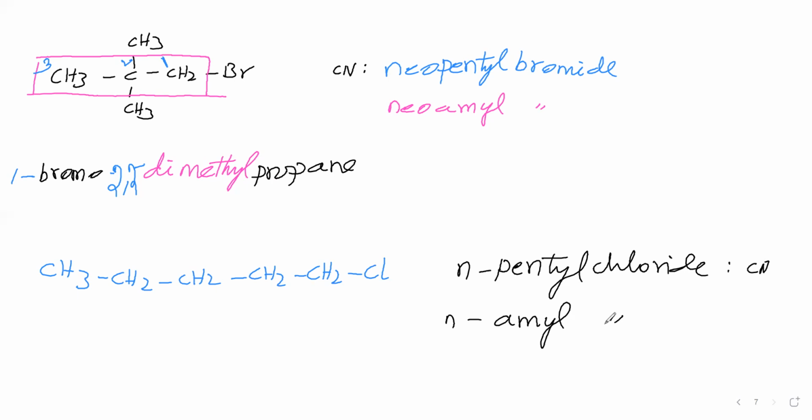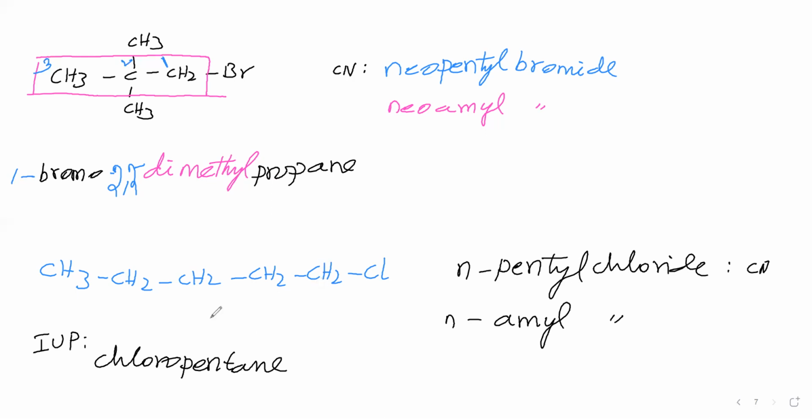Then we will see the IUPAC name. Here Cl name we have to say as a prefix, that is chloro. 5 carbon atoms present in the parent chain, therefore pent. Carbon-carbon single bond, therefore ane.